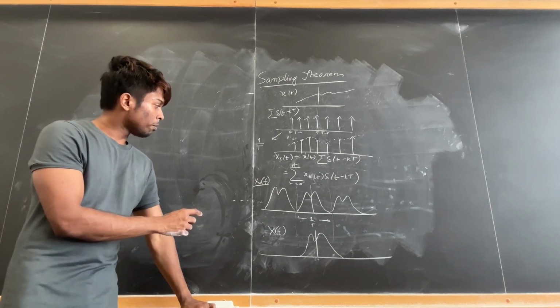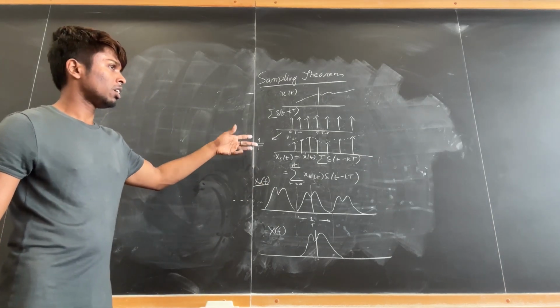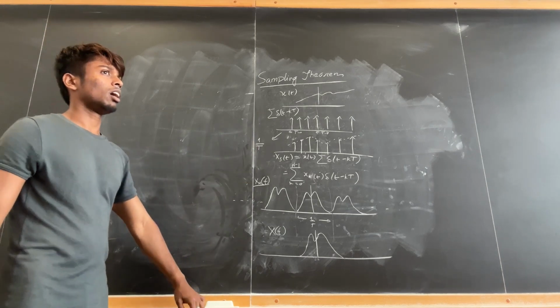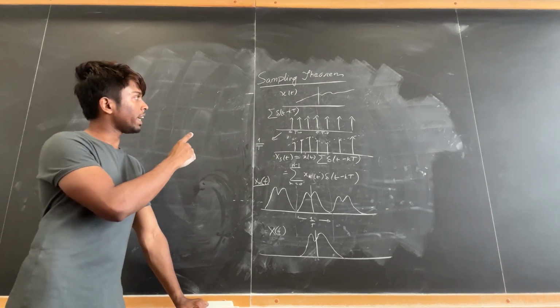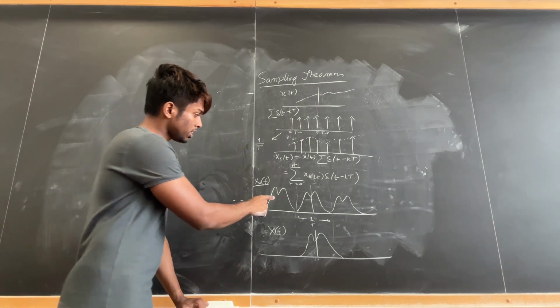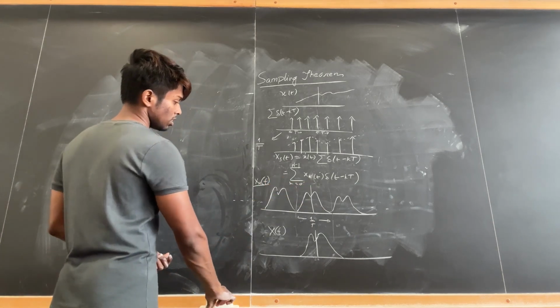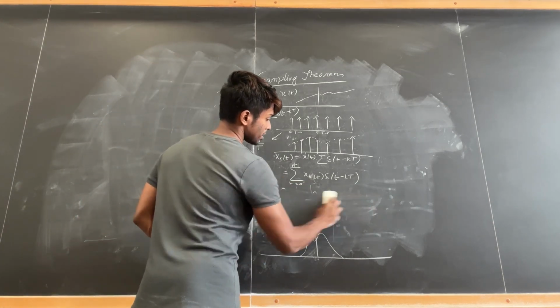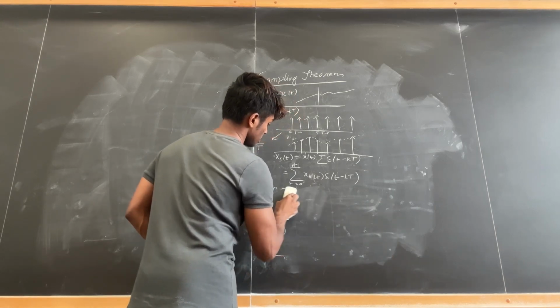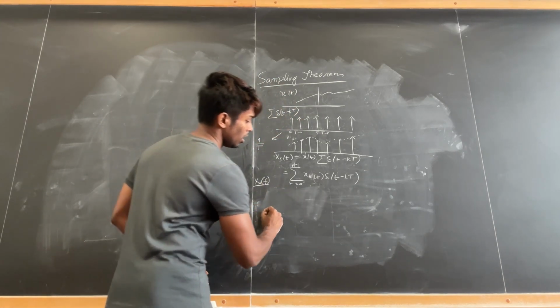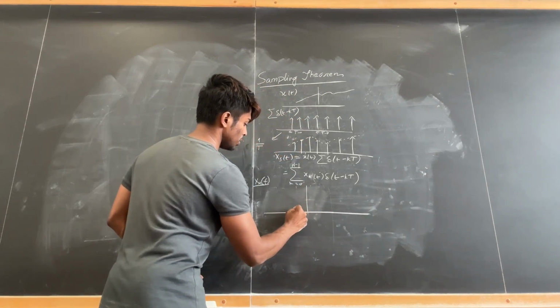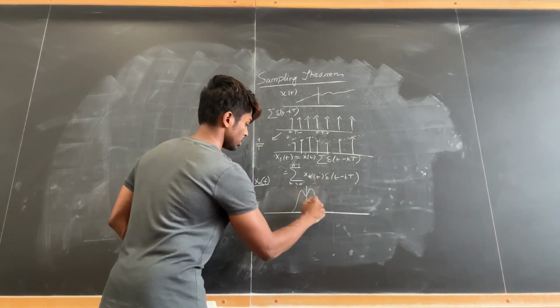But what happens if we have sampled at a frequency lesser than the maximum frequency component of X(f)? It results in overlap of these copies. So the overlap comes like this. The frequency response of the sampled signal has overlapping responses, something like this.